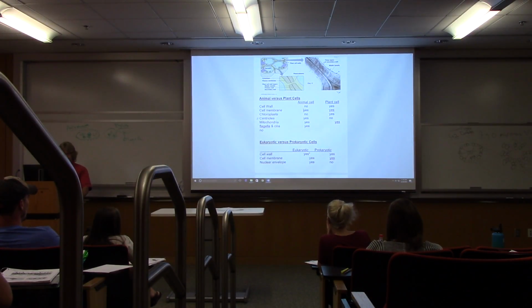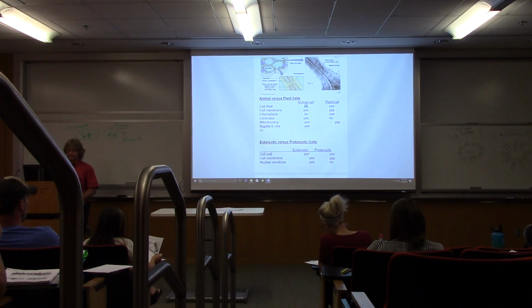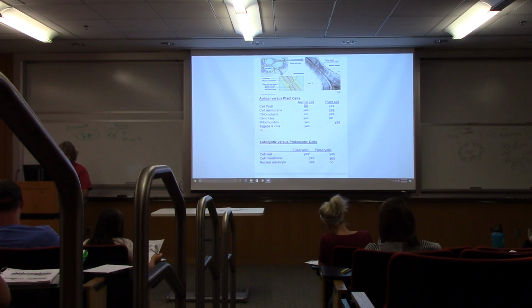This is a little table I put together. Plant cells, the cell wall. No animal cell will ever have a cell wall. Yes, no animal cell. Every single plant cell will have one.